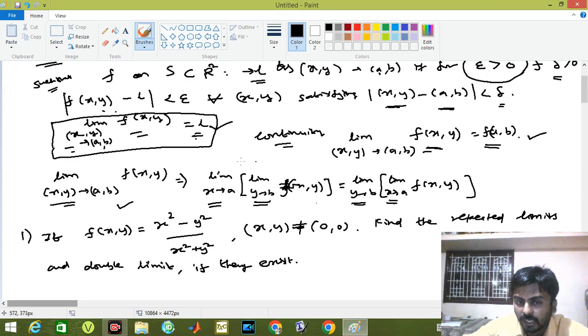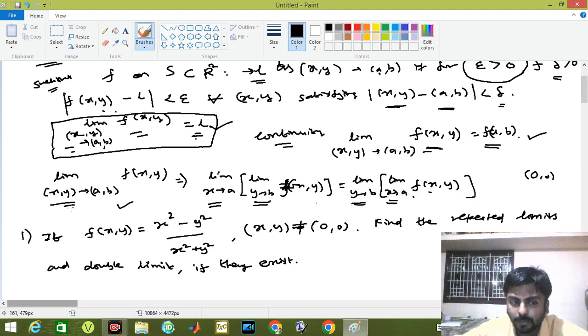If the repeated limit does not exist, then definitely the double limit also will not exist. If it exists, you can write x tends to a, and within the bracket y tends to b of f(x, y). For example, if your values of a, b are 0, 0, then the repeated limit is the limit as x tends to 0 of the limit as y tends to 0 of f(x, y).